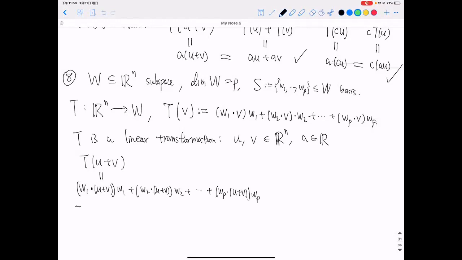Now, one of the properties of dot product tells us you can break these dot products as follows: (w1 dot u plus w1 dot v) w1, (w2 dot u plus w2 dot v) w2, plus (wp dot u plus wp dot v) wp. Okay, so that's that.